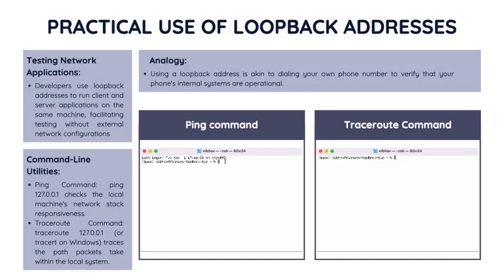So, how do we actually use loopback addresses in real life? Well, if you are a developer, you might use it to test client server applications running on the same machine. For example, let's try this in the terminal.